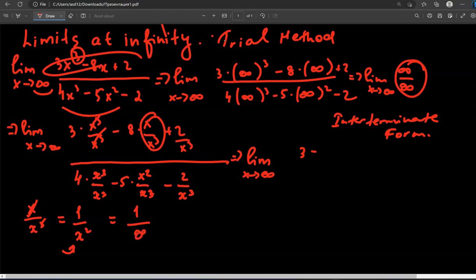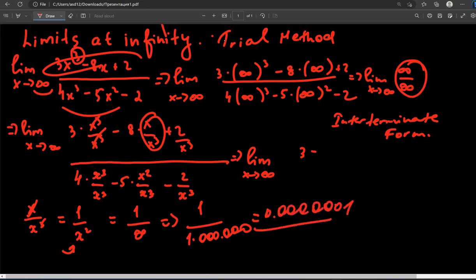Infinity means a really big number, like a million or a billion. So it's 1 over a million, for example, which is a very small number.